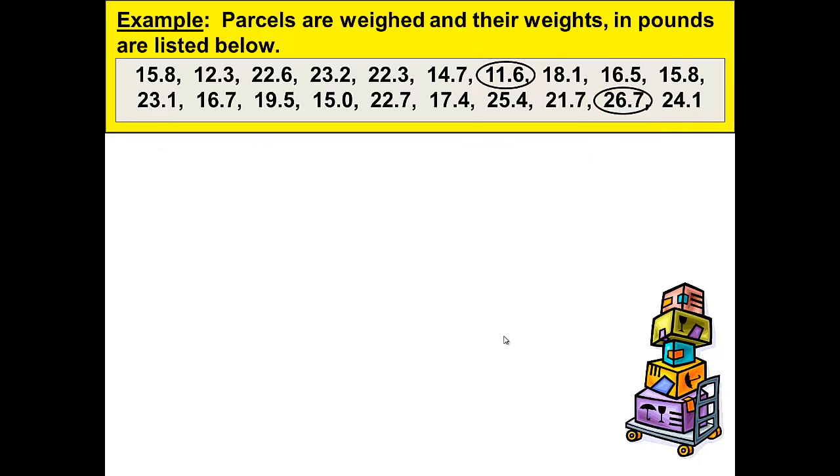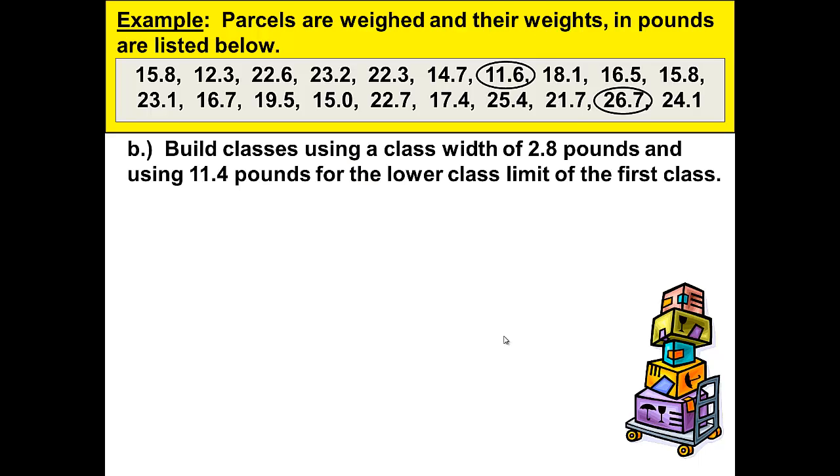Next, we can begin to build our classes given our 2 pieces of information. Build classes using a class width of 2.8 pounds and using 11.4 pounds for the lower class limit of the first class.